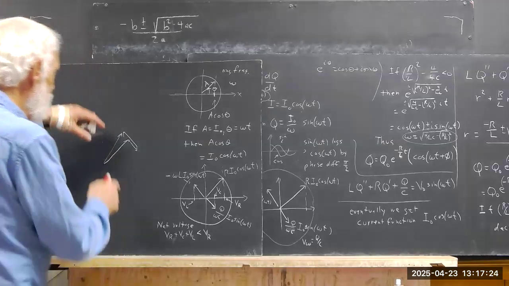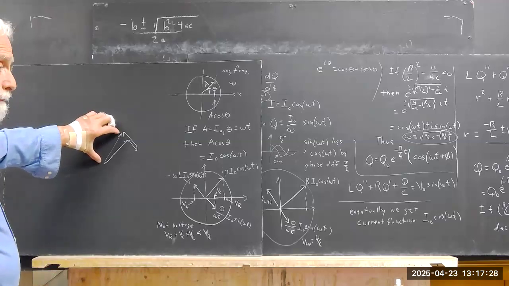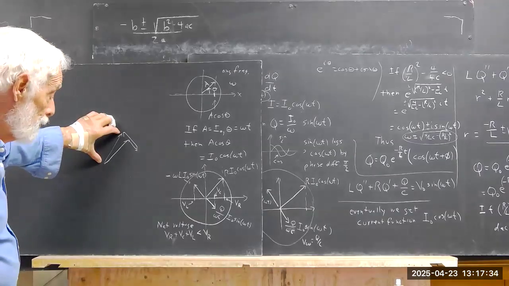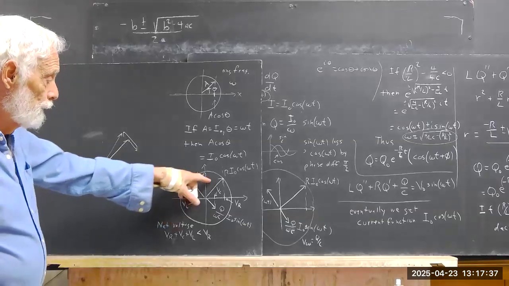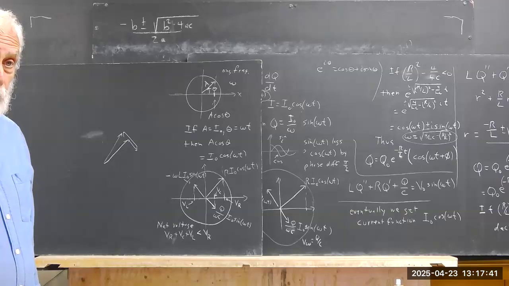So now this vector tells me my total voltage. And this picture shows me how it's broken down across the different components.